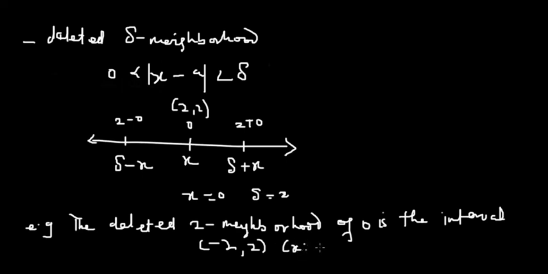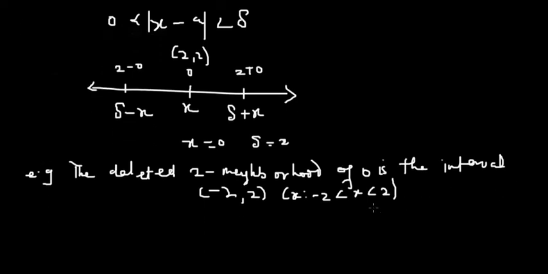So we have x greater than minus 2, and then x less than positive 2, okay? Now let's proceed, and then we know that x shouldn't be equal to 0. That's the condition given.